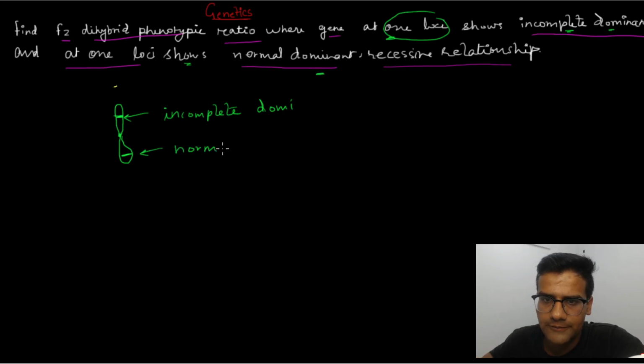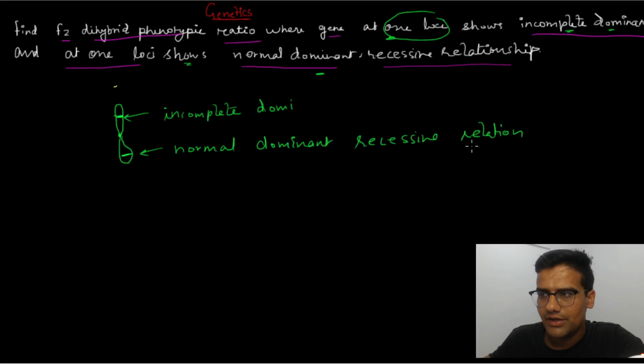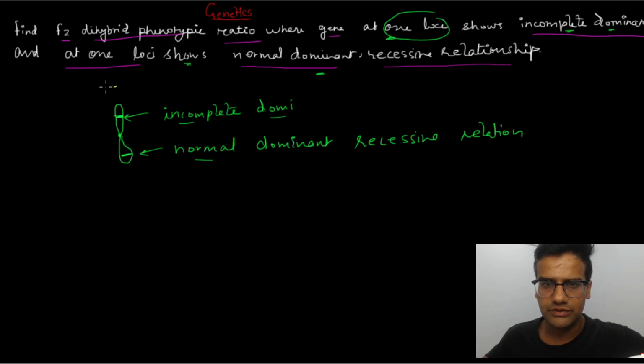So there are two different scenarios: the allele at this location shows incomplete dominance, and this location shows the normal dominant recessive relationship.